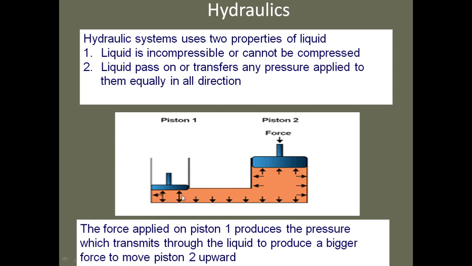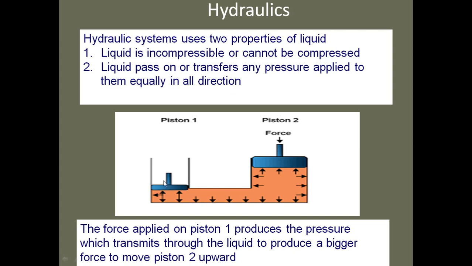That means if the pressure here is 20 pascal, the pressure here is going to be 20 pascal, on this side 20 pascal, on the top 20 pascal, and on this side 20 pascal. The pressure will be transmitted without loss in all directions. The force applied on piston 1 produces a pressure which transmits through the liquid to produce a bigger force to move piston 2 upward.